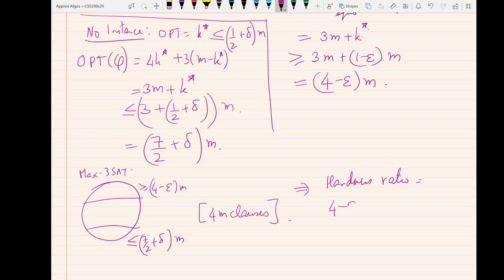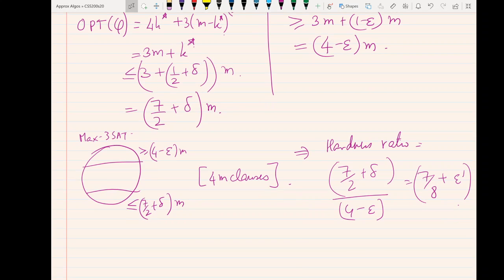Or rather, let me put it as the no over yes instances, which is 7 over 8 being the higher order term plus some epsilon prime. You can verify that this is indeed the case, where epsilon prime is some constant that depends upon delta and epsilon. And because they can be made as small as possible, epsilon prime can be made as small as possible.